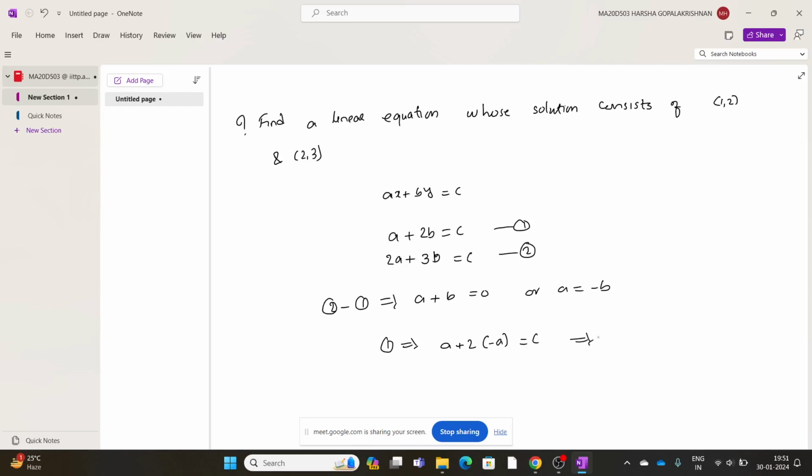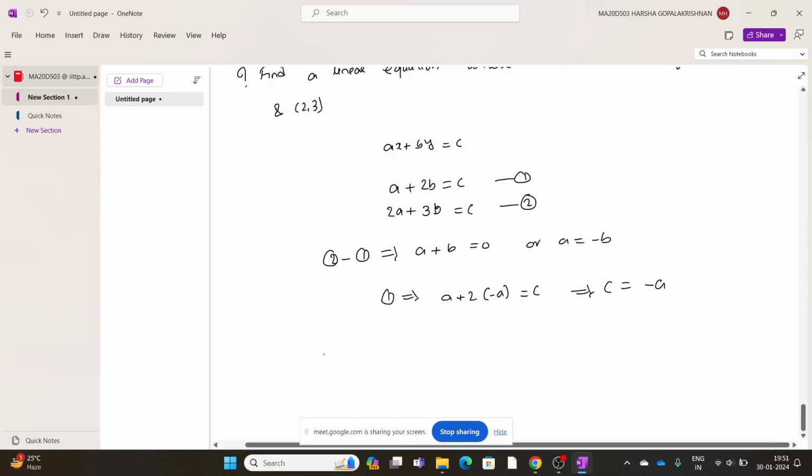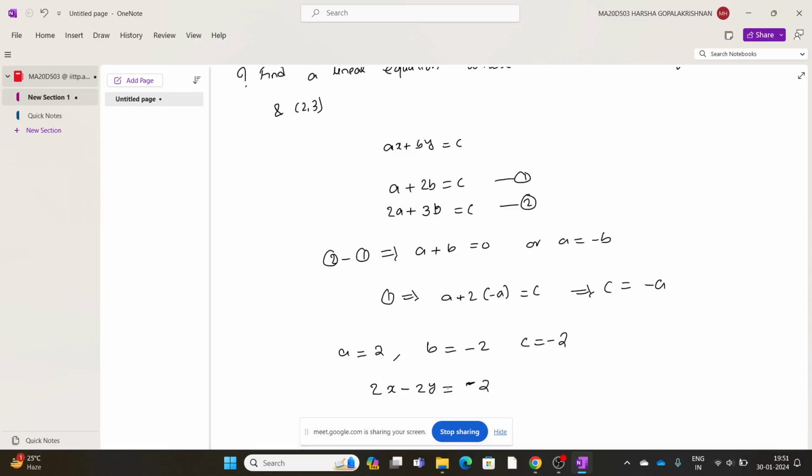That implies c should be equal to minus a. So if I fix a, suppose I take a as 2, then b should be minus 2 and c should be minus 2. A is 2, so 2x minus 2y equal to minus 2. This is the equation I obtained.